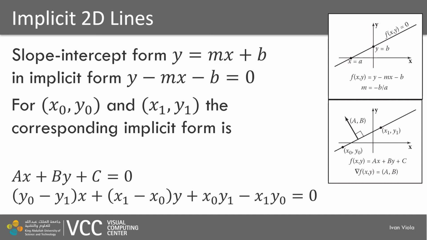It has the m value, which is the slope, which really is the tangent of the angle phi here, so tangent phi is equal to m.